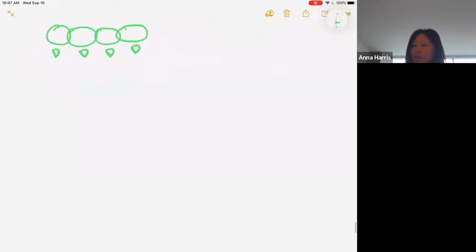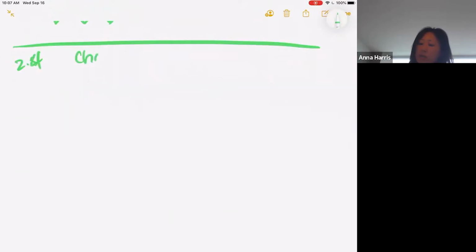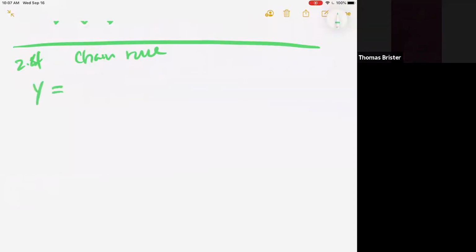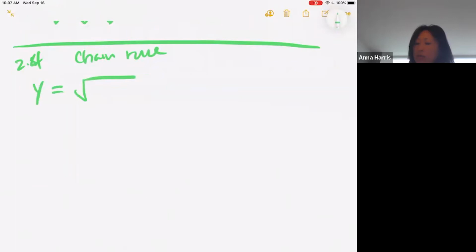So those examples they gave you today. Let's look at the example they gave me. The first example. So I'm still doing 2.4, chain rule.